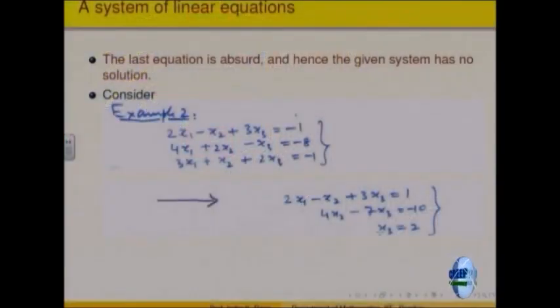In the second one only 2 are there, and in the third one only 1 is there. So, this system is equivalent to the given system. So, the solution of this should be the same as the solution of the original one. Here I get x3 equal to 2 from the last equation. I put the value of x3 in the previous equation, I get the value of x2, and I put these two values in the first equation, I get the value of x1.